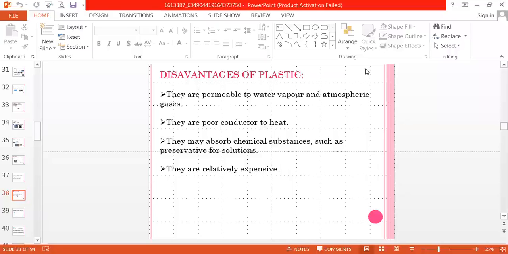They have the ability to absorb some chemical substances from the product. It means suppose you are storing a liquid dosage form, then from the liquid dosage form some amount of drug or some amount of preservative may be absorbed by the plastic material. Then plastics are relatively expensive compared to glass.